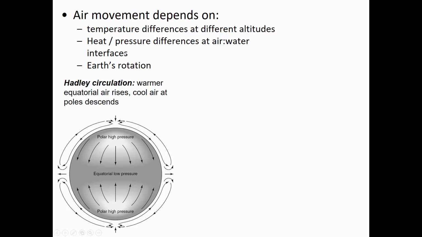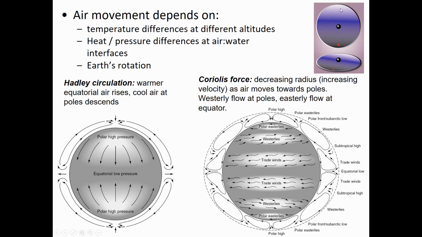And so if you combine that with the rotation of the Earth, now this is an illustration that demonstrates on a rotating circle, if you drop a marble, as it goes down, the path that it traces isn't just a straight line as the plate continues to rotate. And so the plate is rotating, the marble is dropped, so it's kind of like a curved trend. And that's what accounts for when you have that rotation of the Earth along with the Hadley circulation, both of them at the same time.